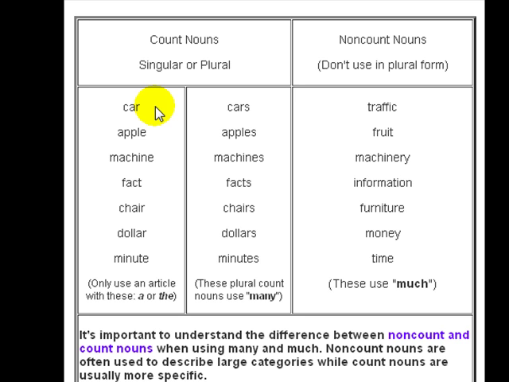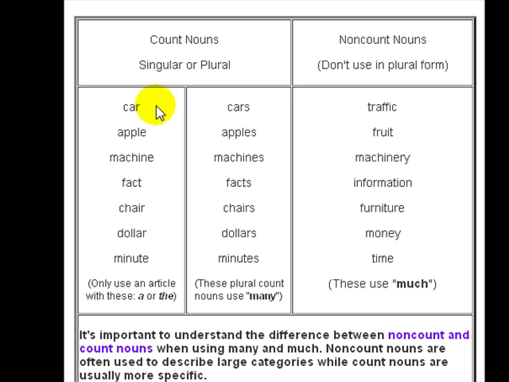If I want to particularize it, remember that the word the is used to particularize. That means that this is a unique word when you put the in front of it.